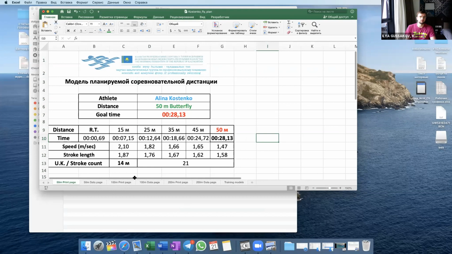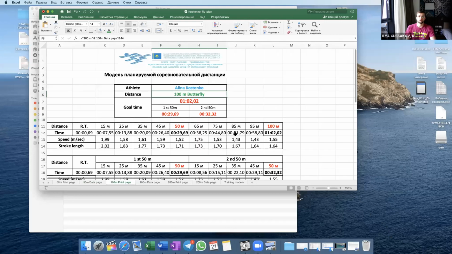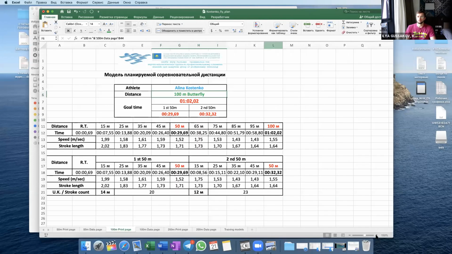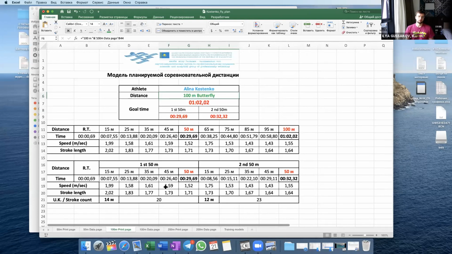So for example, if we look at 100 meters, if you plan, you try to understand your athlete, what they must do, what they have to do for swimming. You take your time, sit and think how many strokes. For example, this is one I gave to an athlete. We are planning 102, but she has already reached that. So that means she has to go 29 in and 32 out. And this is the duration, the meters underwater, according to video analysis, or just your understanding.